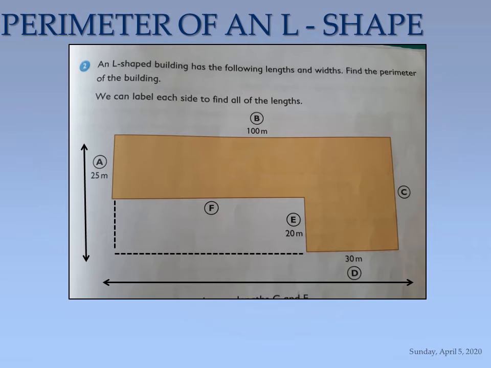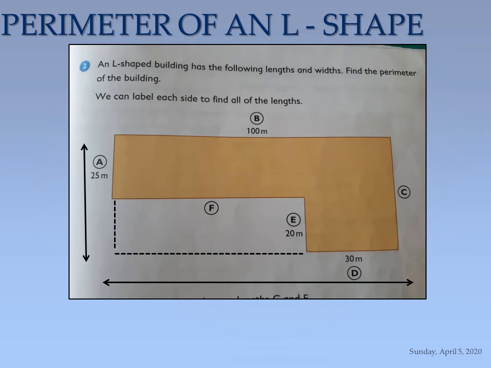Now, we have found side E to be 20 meters and we know that side A is 25 meters. So what do we do to find the total side? 25 plus 20, and that makes 45. If the entire side is 45, it means that side C, which is the opposite side, would equally be 45 meters. Great. So, class, we have been able to find the length of all the missing sides.